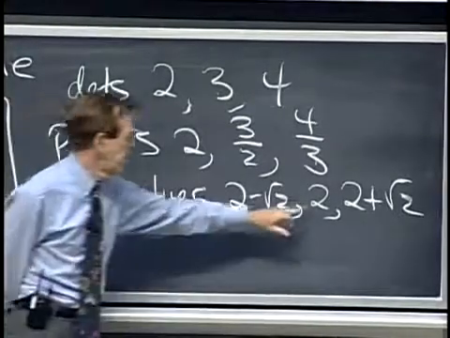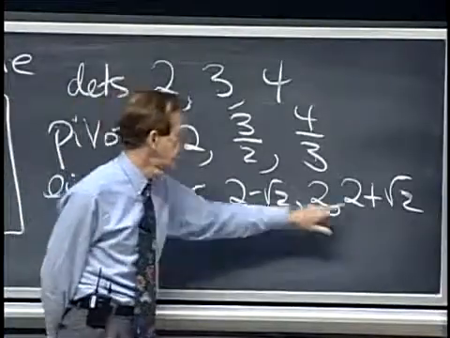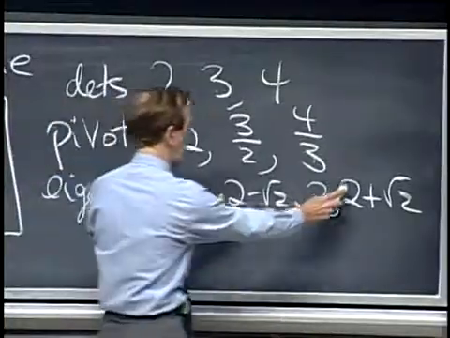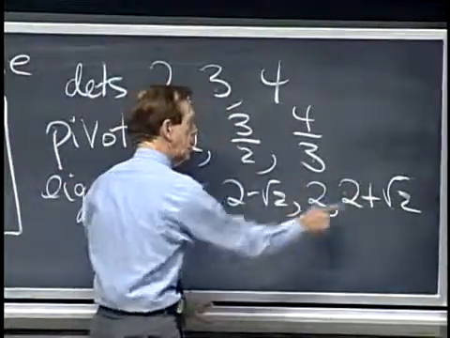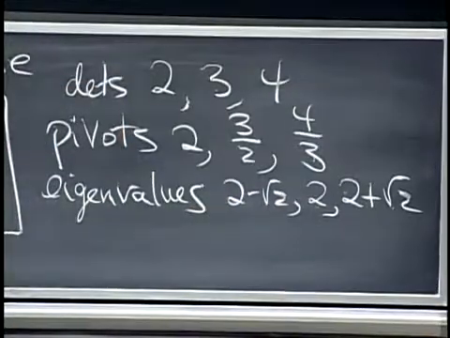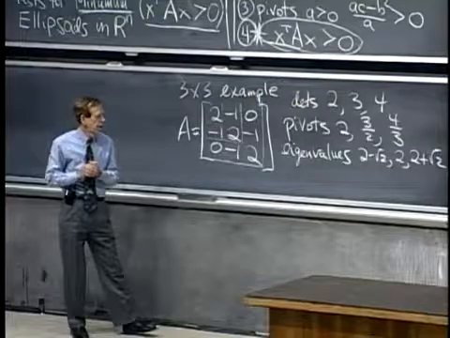What's 2 minus square root of 2 times 2 plus square root of 2? That'll be 4 minus 2, that'll be 2. Yeah, 2 times 2. That's got the determinant right. So it's got a chance of being correct, and I think it is.